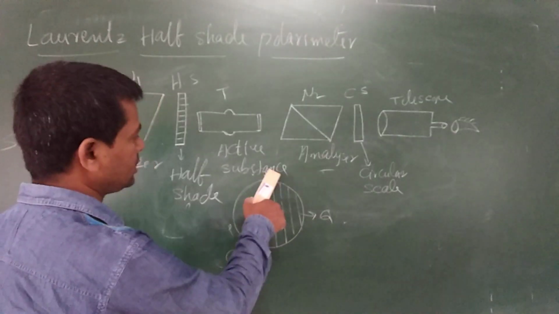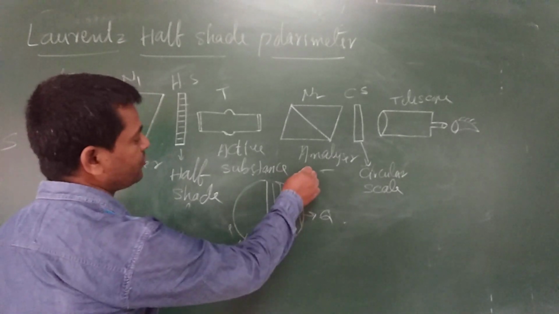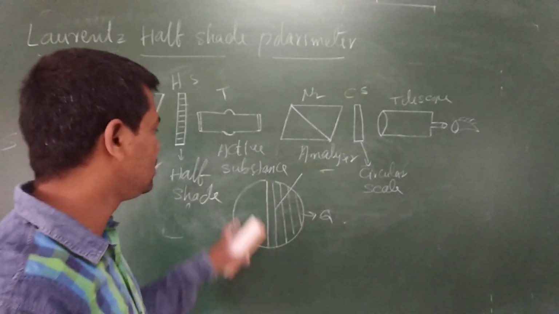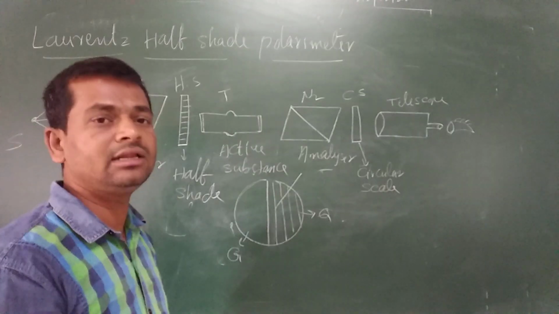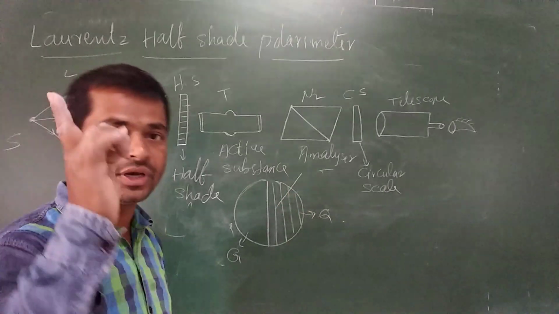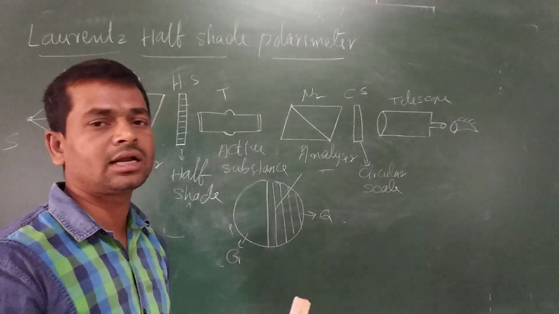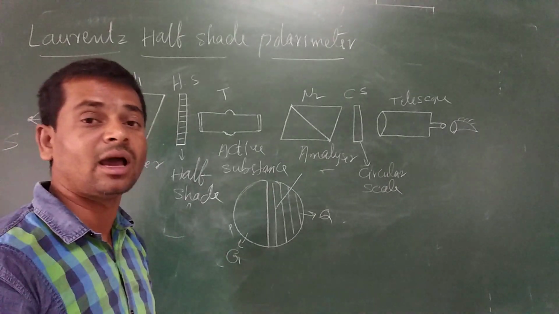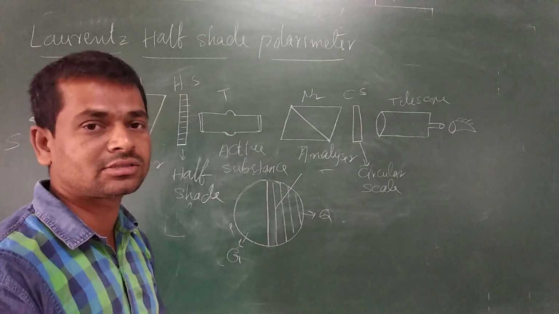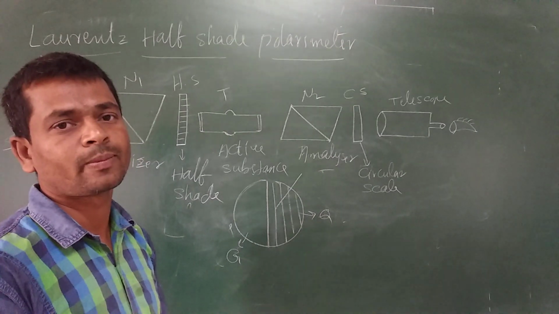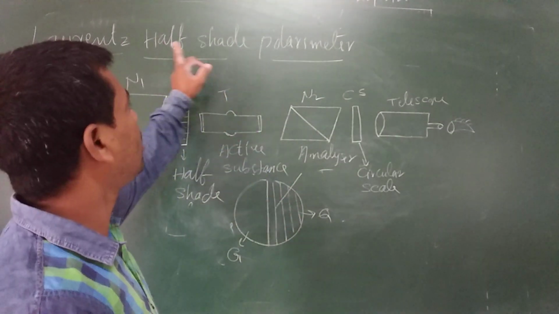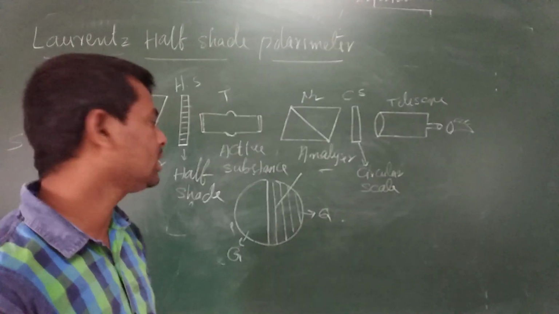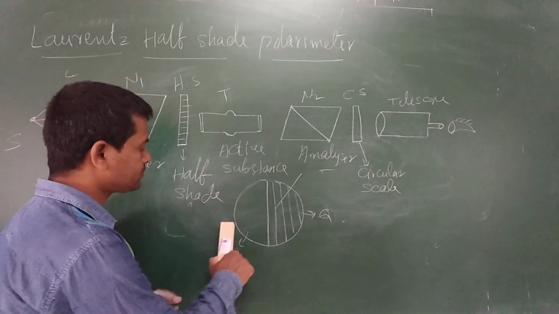And suppose when the light comes from this direction or from this direction, then only one side appears bright, the other side does not appear bright. Means the other side appears dark. That dark is called shading. Because of that, the name half shade has come. Okay. So like this. Now see.